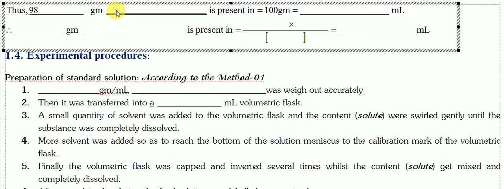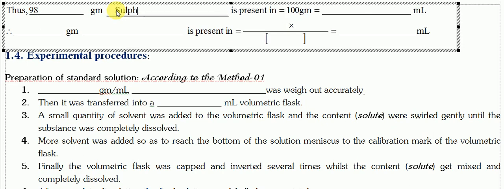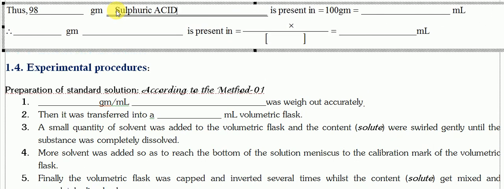Previously we calculated that 100 gram of sulfuric acid is equal to 54.654 ml. So we can write that 98 gram of sulfuric acid is present in 100 gram of sulfuric acid, since it is 98% pure, and 100 gram of sulfuric acid is equal to 54.654 ml. So 98 gram sulfuric acid is present in 54.654 ml.